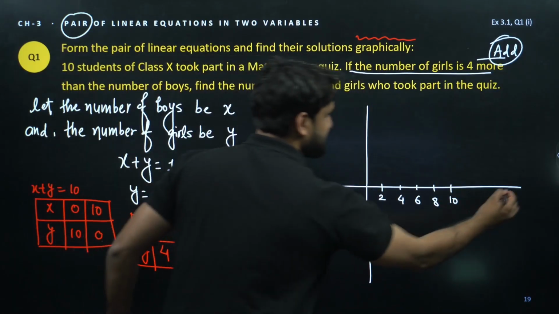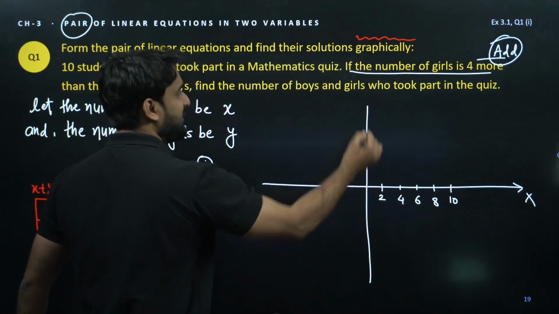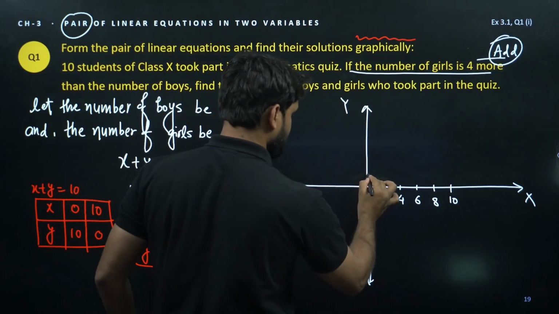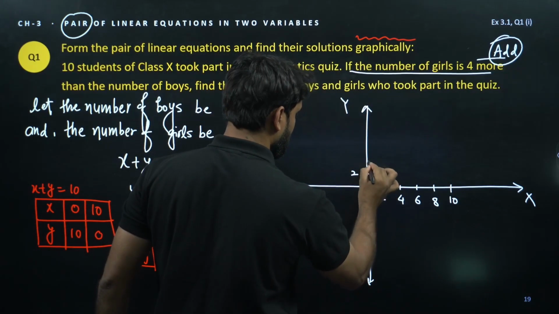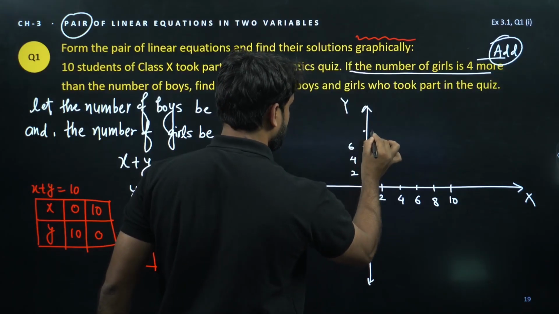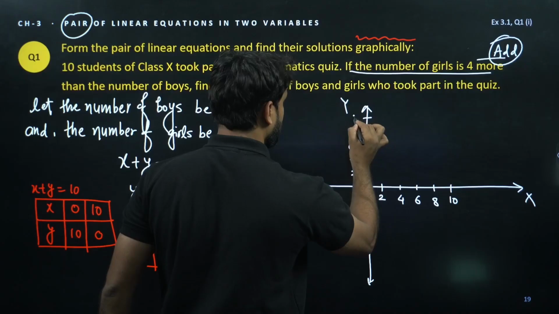Okay, this is the x-axis, champion. These are the x values and this is the y-axis. Now this is 2, 4, 6, 8 and 10.